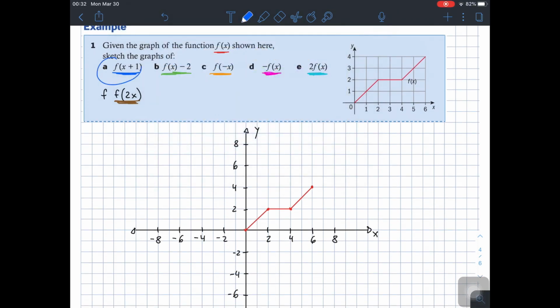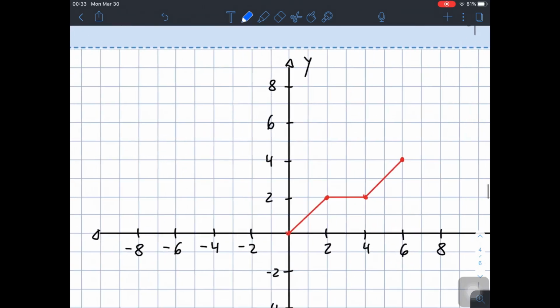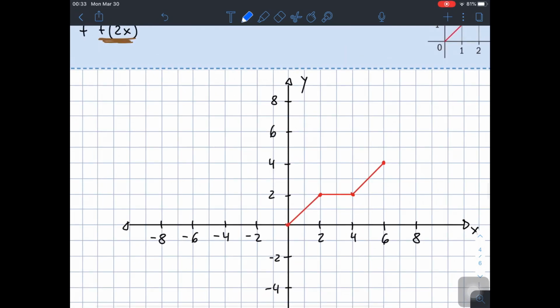So let's graph the first function, part A, which is f of x plus 1. What should we do if we're asked to find f of x plus 1? Remember, this is a horizontal translation, which is 1 unit to the left, meaning that all of the points should move 1 unit to the left, okay?